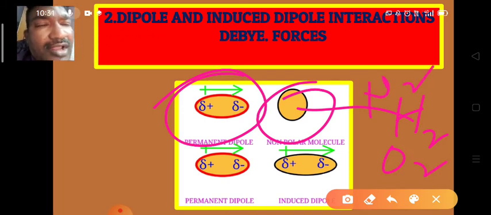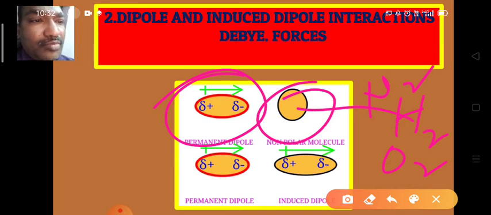As these molecules are made up of similar atoms, we don't find any charge separation in them. That means there will be no polarity or polarization in them. But when they come in contact with molecules which are dipoles, they lose their symmetry. As a result, they also behave as dipoles.